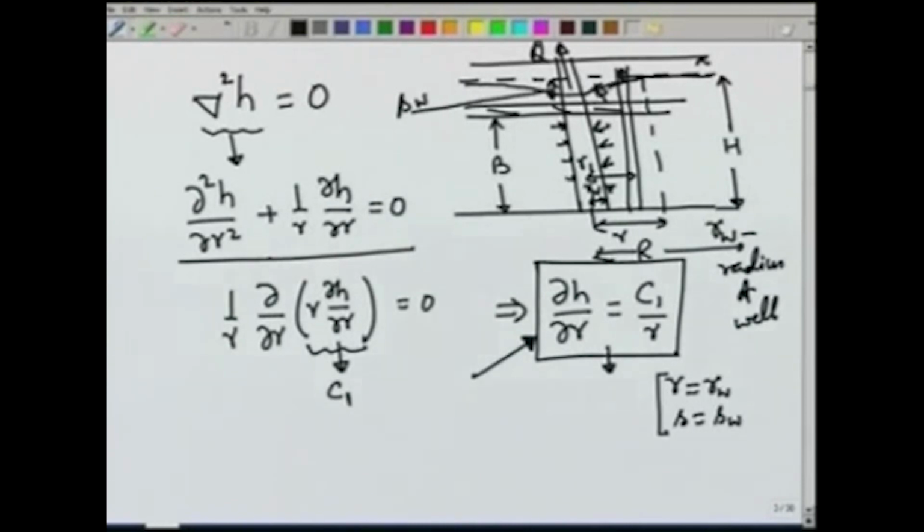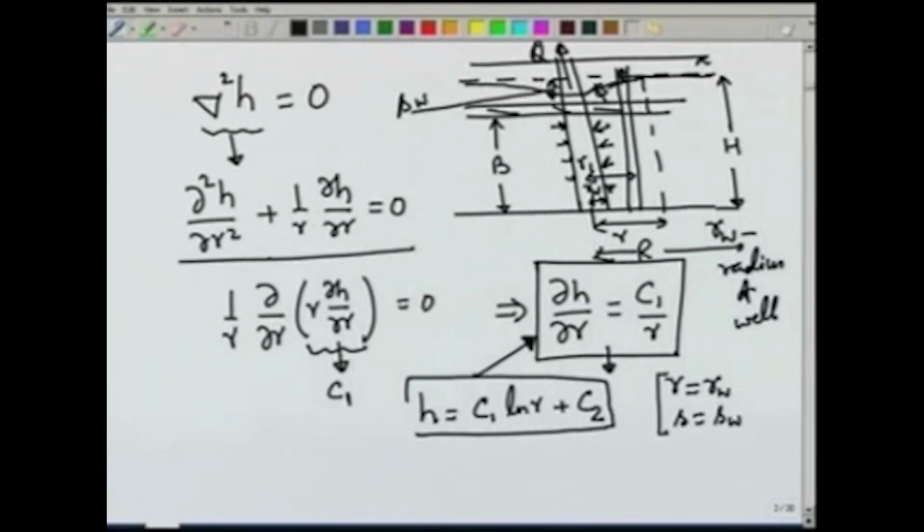If we solve this equation, we can write H plus C 2, and as you can see there are two constants here C 1 and C 2 which need to be evaluated, which means that we need to have boundary conditions at two different distances, for example, R 1 and R 2. So, if we assume that at R equal to R 1, H is H 1, H is H 2.